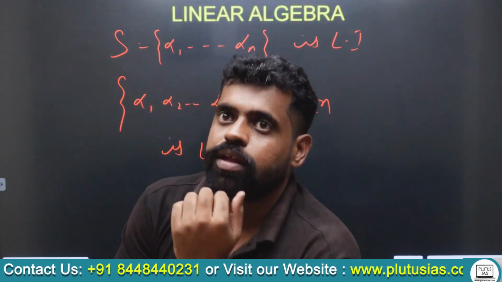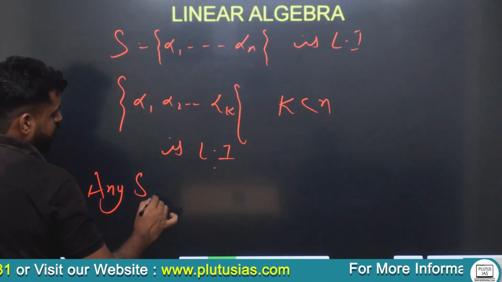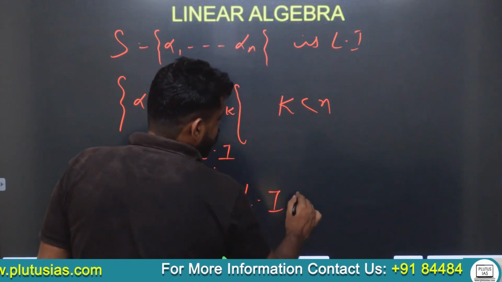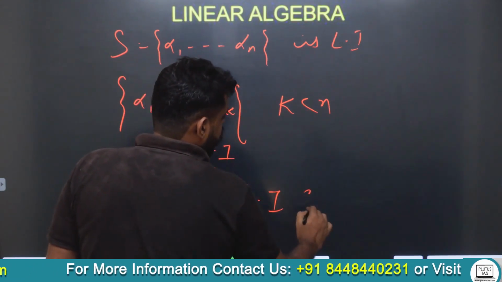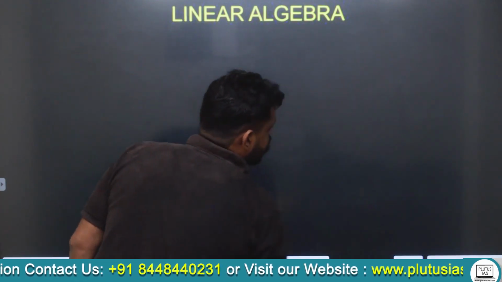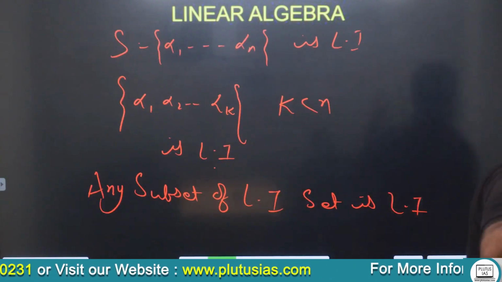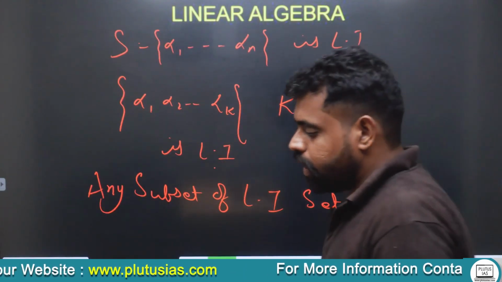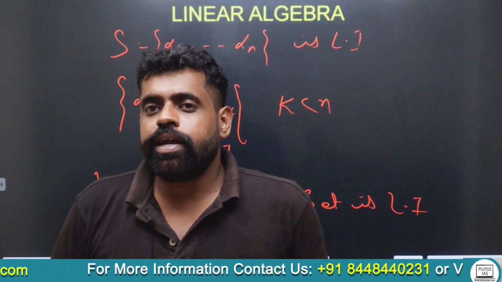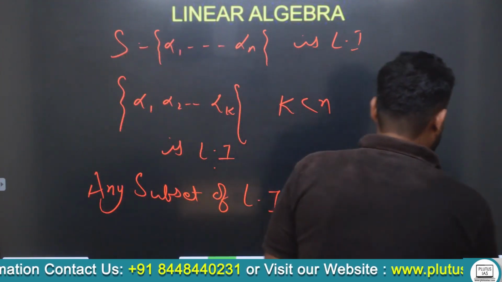True. Okay, so it is true. Any subset of a linearly independent set is linearly independent. So every superset of a linearly dependent set is itself linearly dependent, but any subset of a linearly independent set is linearly independent.